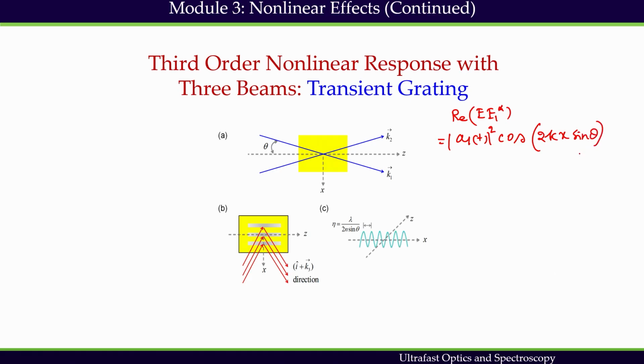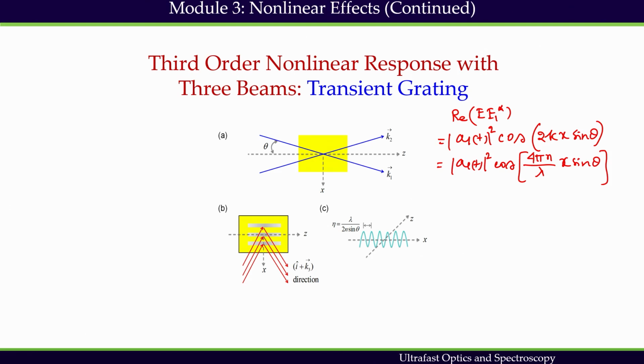And k, as we have already written, gives cos of 4 pi n over lambda x sine theta. This is 2 pi for k, multiplied by 2, that's why we get 4 pi. So this is the expression we get for the real field.